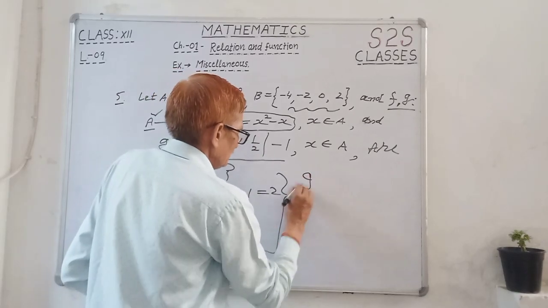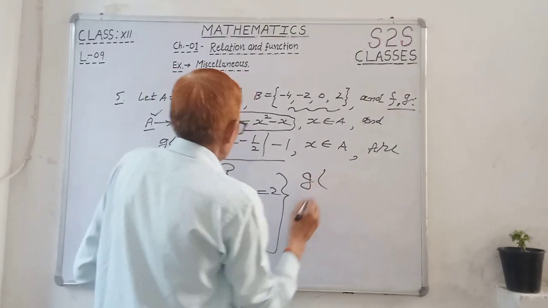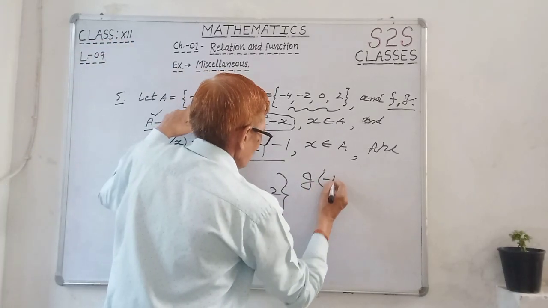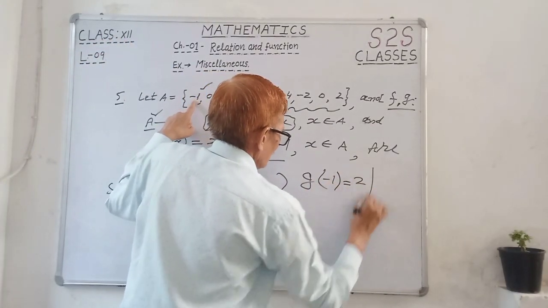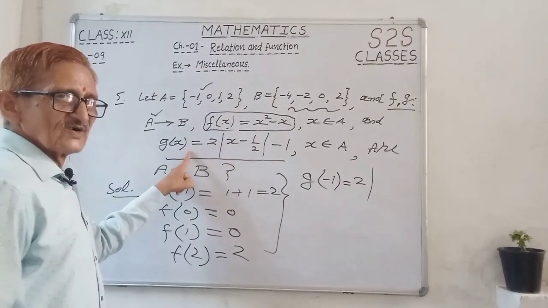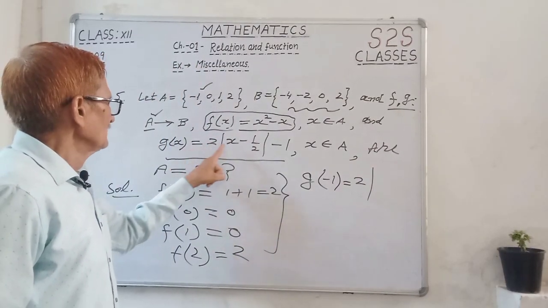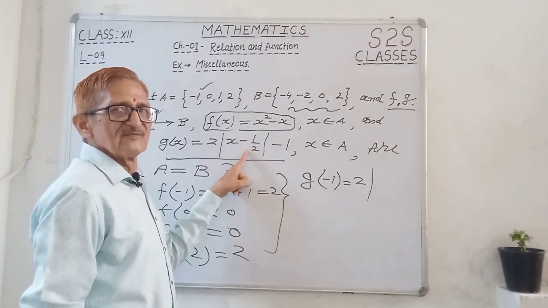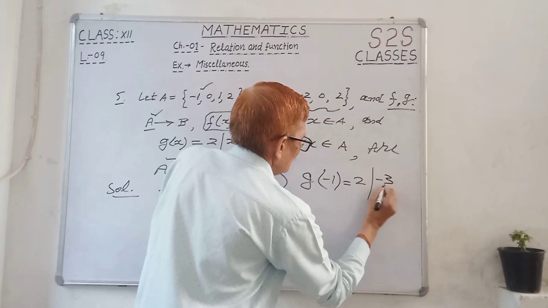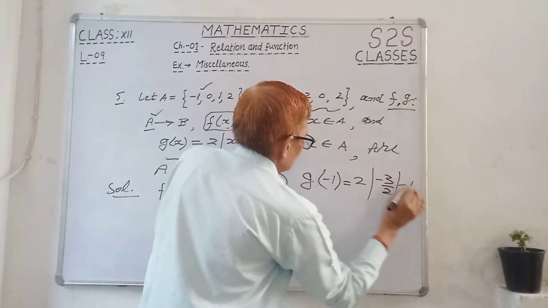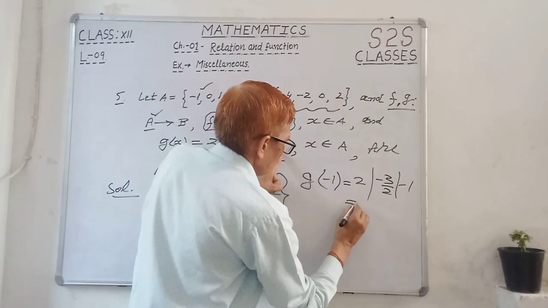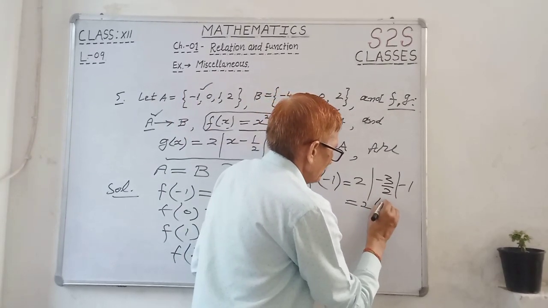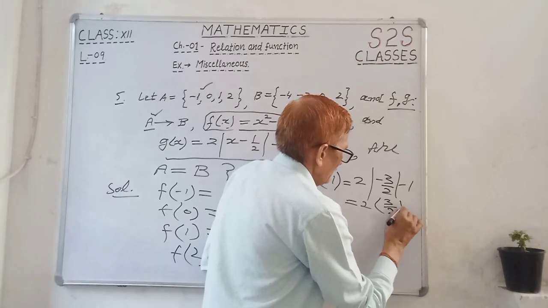Now find the g function. g(x), x belongs to A, means minus 1. If we are finding g(-1), then in the function g put x equal to minus 1: 2 times modulus of minus 1 minus half, minus 1. Minus 1 and minus half is minus 3 by 2, and minus 1 outside. Then simplify, it will be 2, and the modulus becomes positive, 3 by 2 minus 1.